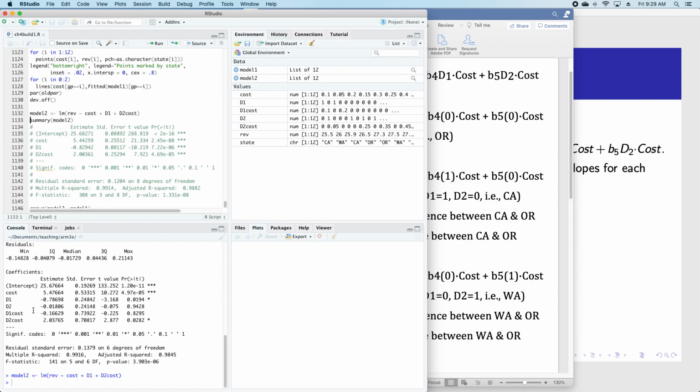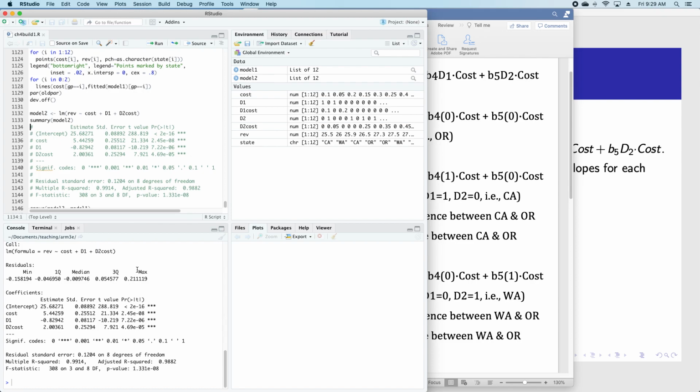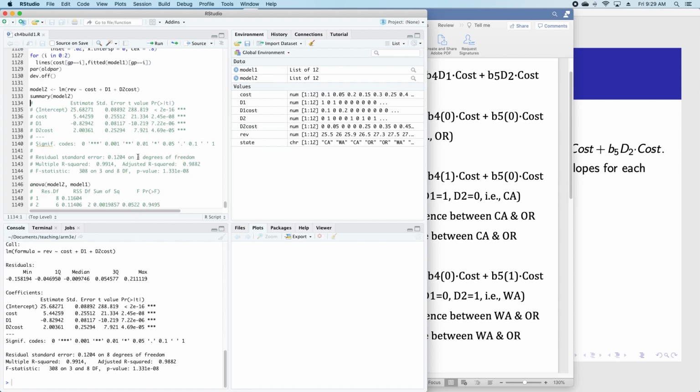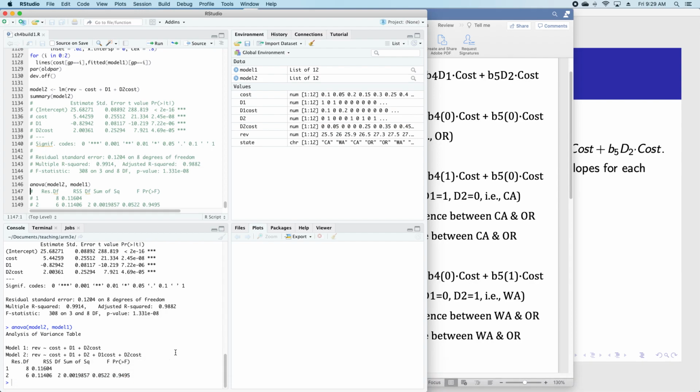So I've dropped D2 and D1 cost, and I've obtained this model. And let's have a look at the nested model F-test results. So here's the F statistic, and here's the p-value.